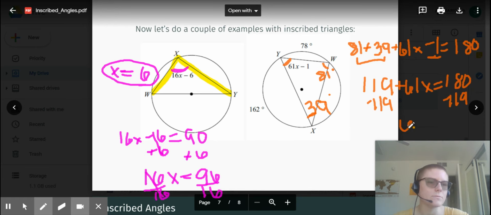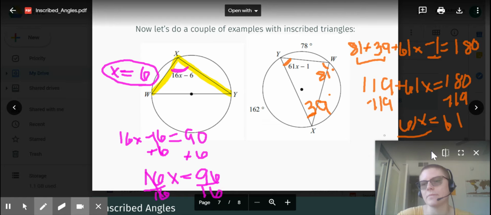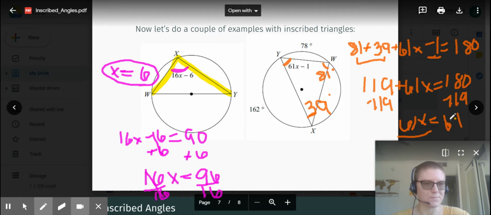So 61x equals, I happen to know that 180 minus 119 would be 61 just in my head. Then we divide out the 61, so 61 divided by 61, and I get x equals 1. All right, so that's one way you can solve that problem.